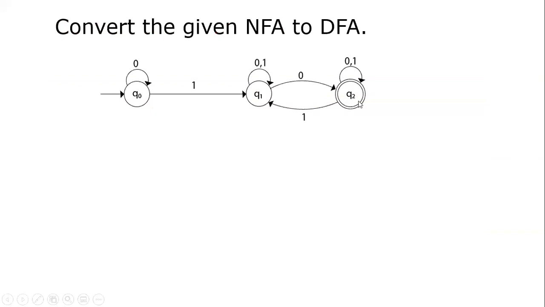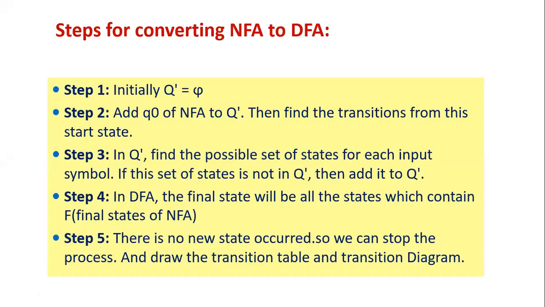This Q2, right? Wherever we find Q2, that state is assigned as a final state for the DFA. For the NFA, Q2 is the final state, and by the same procedure, wherever we find Q2, that is a final state of the DFA. This is step 4.